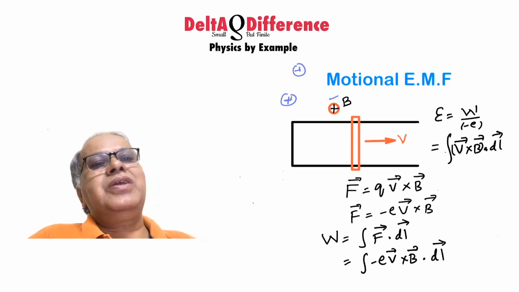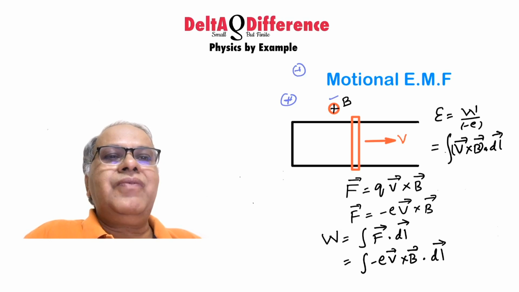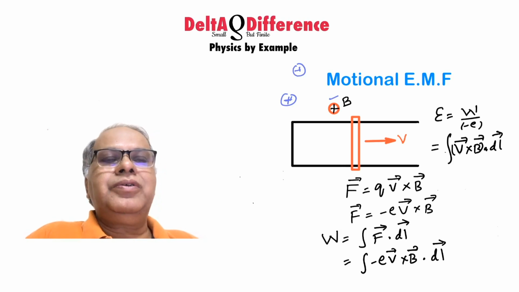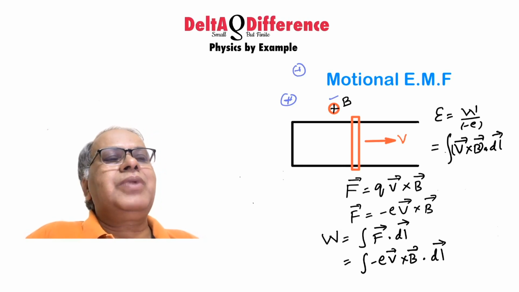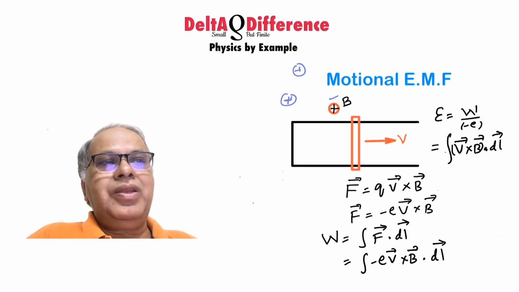Yes, previously the explanation was this way. Faraday tells us that a time-varying magnetic field produces E. That E drives the electrons in the loop there. But now, here B is constant. So there is no electric field that was to be produced by dB by dt here. But it's not so difficult.